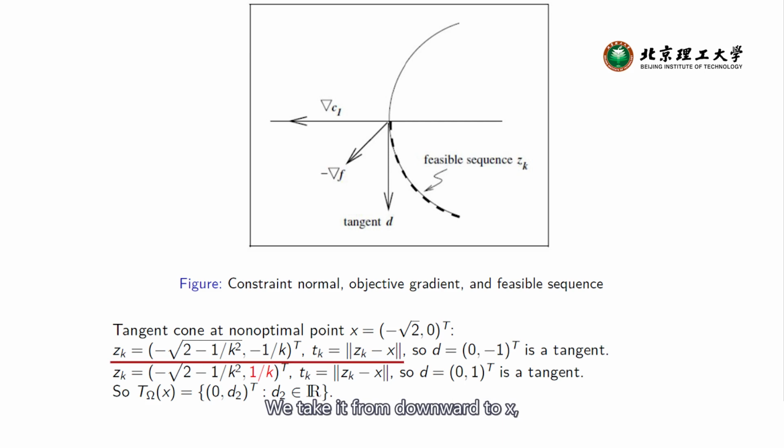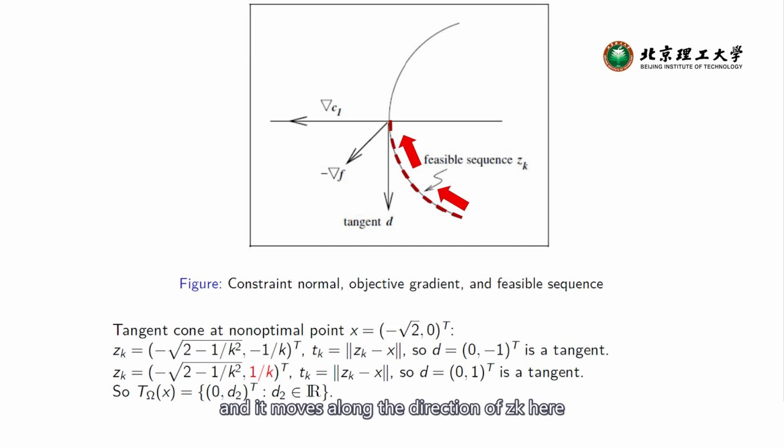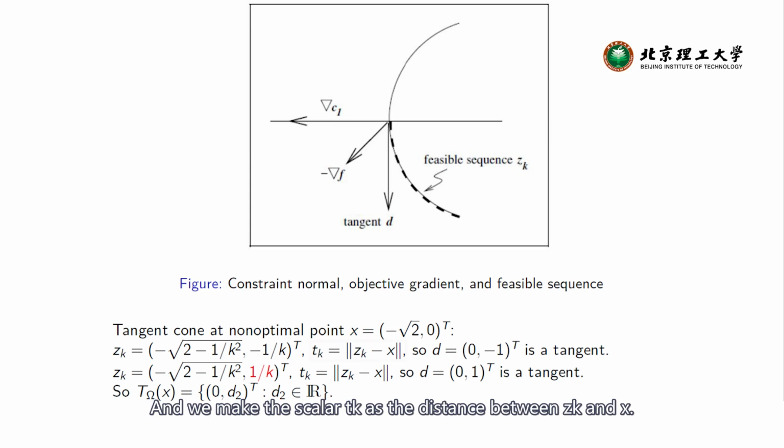We take it from downward to x, and it moves along the direction of zk here, approaching the point x in this way. So as k goes to infinity, zk approaches x. And we take the scalar tk as the distance between zk and x.